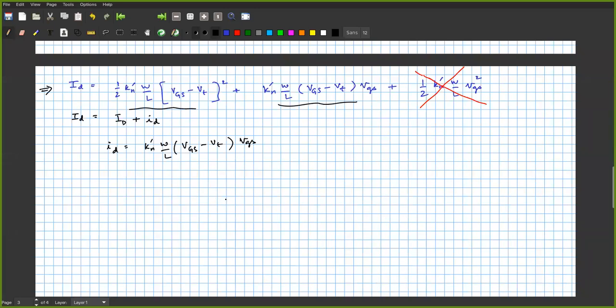So from this, MOSFET transconductance GM. Okay, so GM here is actually ID by VGS.